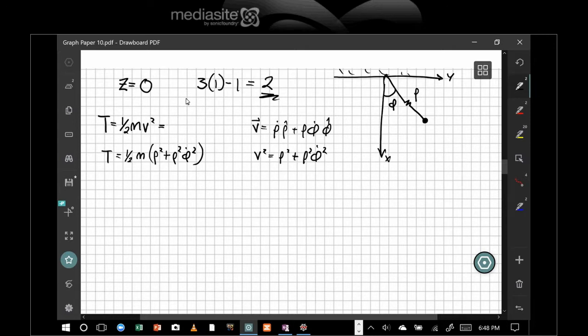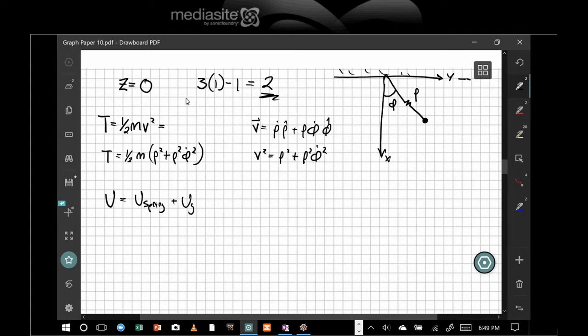Okay, and then the potential energy. Well, then you have to define zero potential energy. Let's do it at that point there. You've got to be a little careful. There's two forms of potential energy. First of all, the total potential energy is equal to that of the spring and that of gravity.